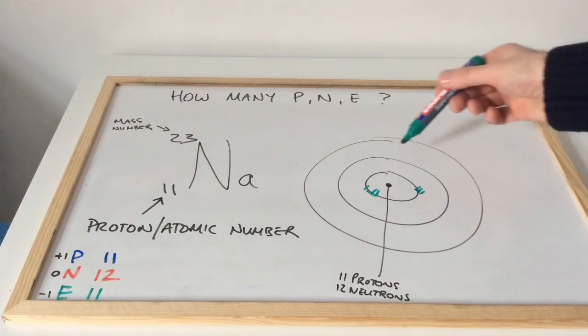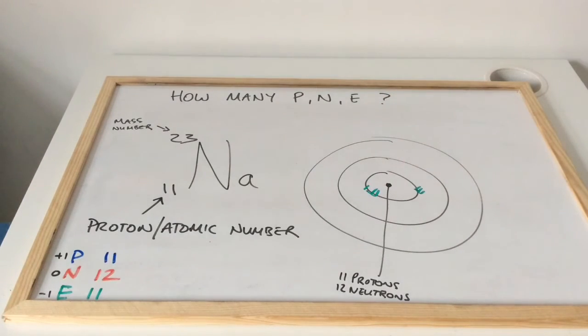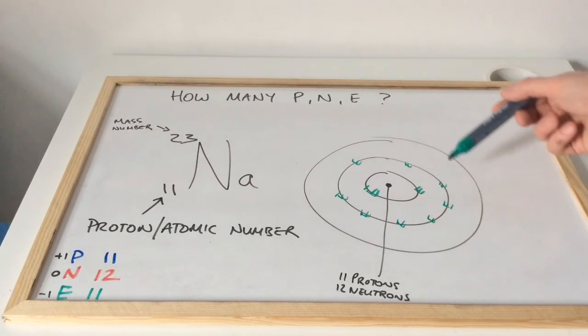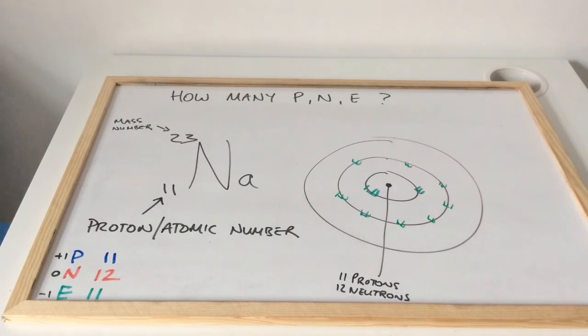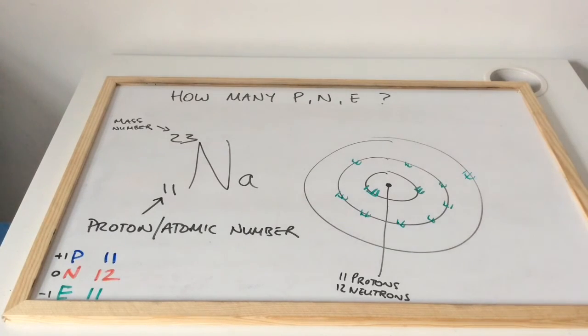That shell's full now, so we need to go into the second energy level. And the second energy level can hold 8. So you can see that's full now. So let's do a quick check. How many electrons have we got left? We've used up 1, 2, 3, 4, 5, 6, 7, 8, 9, 10. So there's 11 in total. We've got 1 left. So that needs to go into this third energy level.